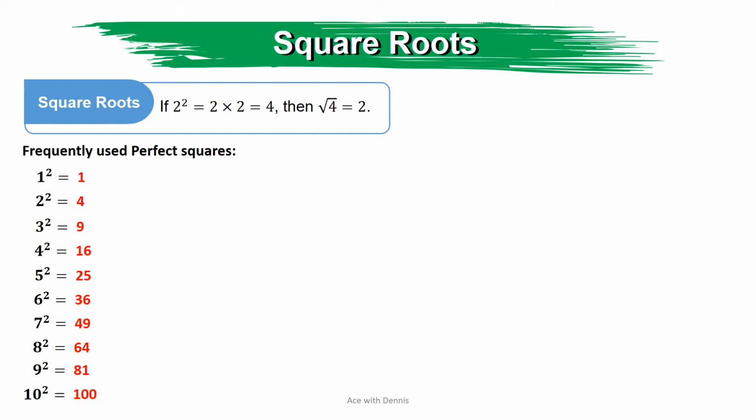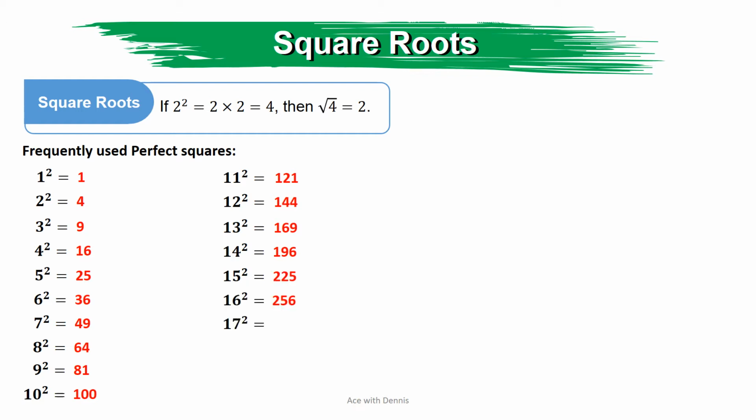Next, the next 10 perfect squares will be 11 square equals 121, 12 square equals 144, 13 square equals 169, 14 square equals 196, 15 square equals 225, 16 square equals 256, 17 square equals 289, 18 square equals 324, 19 square equals 361, and 20 square equals 400.